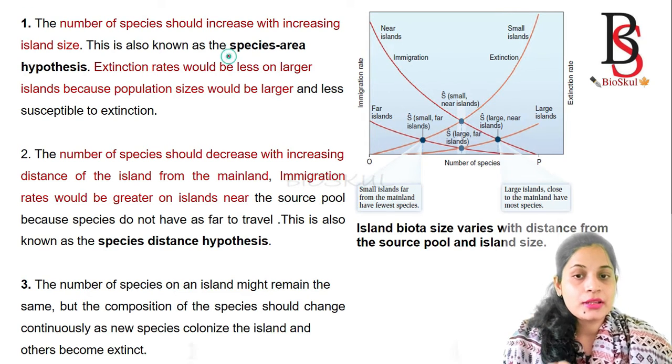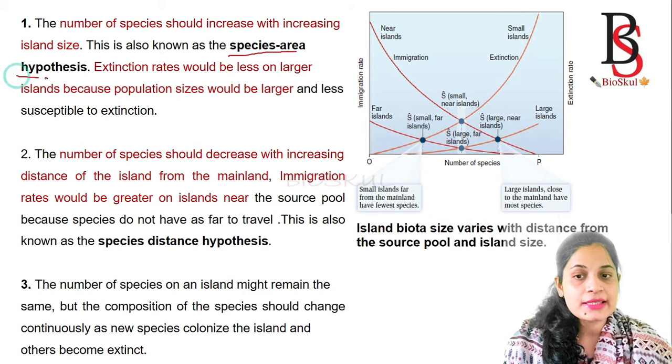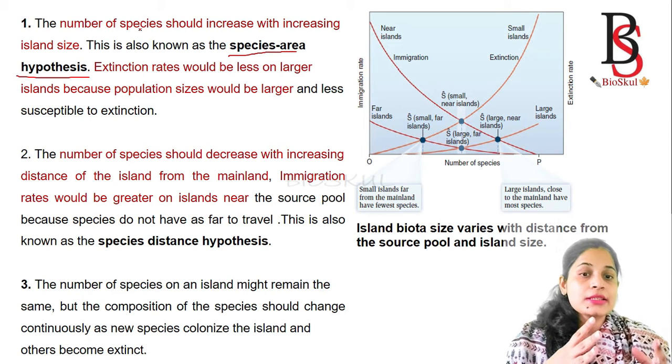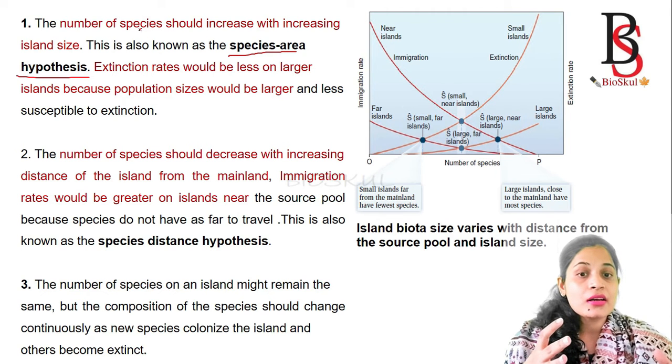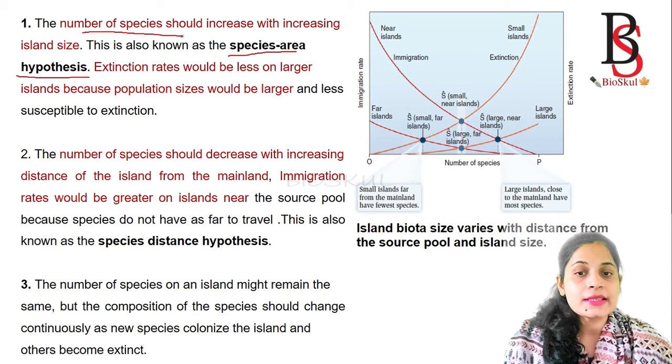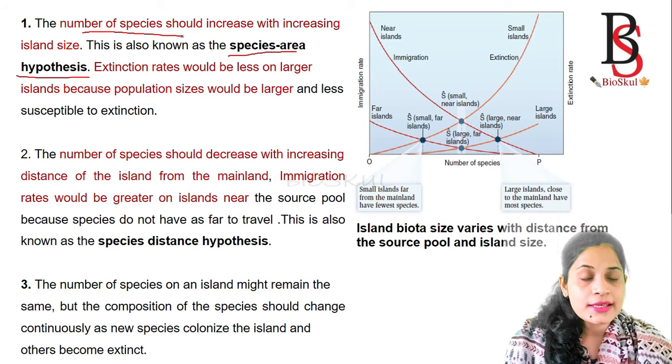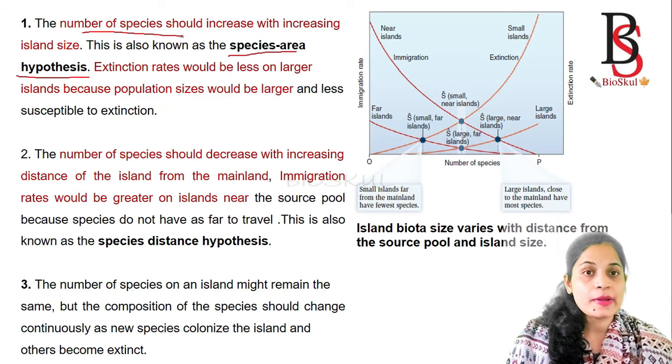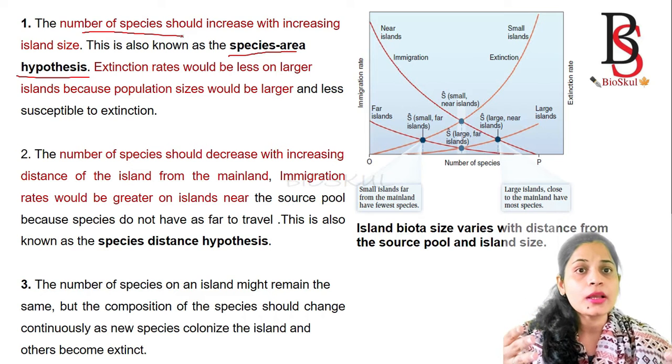The first is the species-area hypothesis. It states that if the size or area of the island increases, then the number of species also increases. If there is more space, then the number of species will be more.